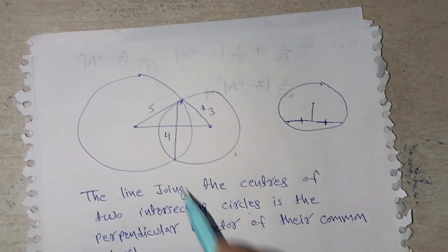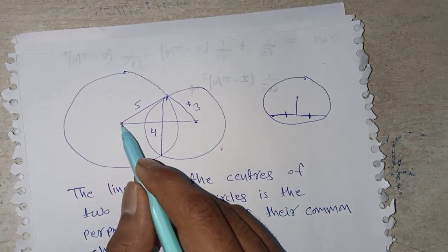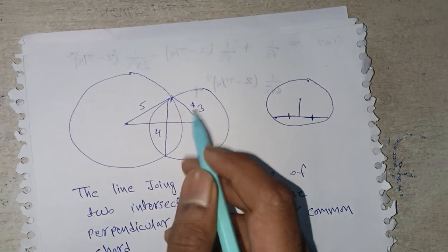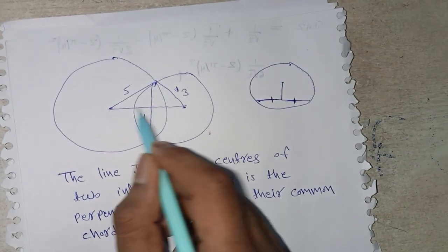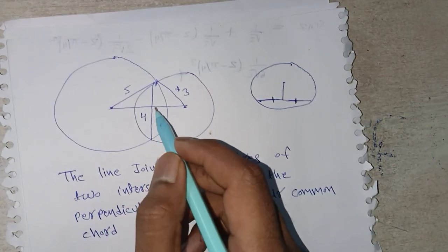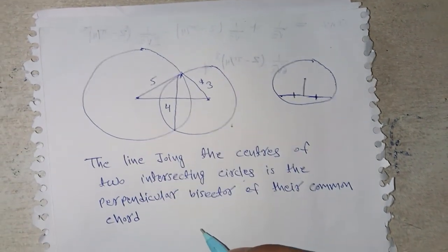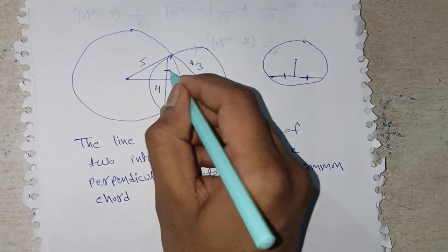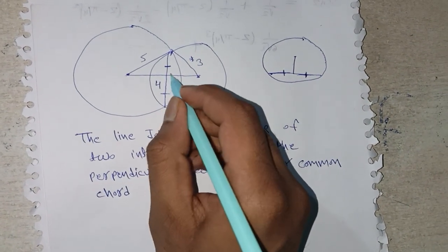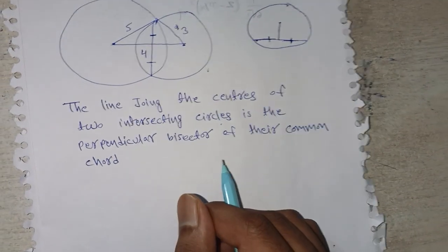It means that if I join the centers of the intersecting circles, this line is the perpendicular bisector of this common chord. It means that this side and this side will be equal and there will be a 90-degree angle.